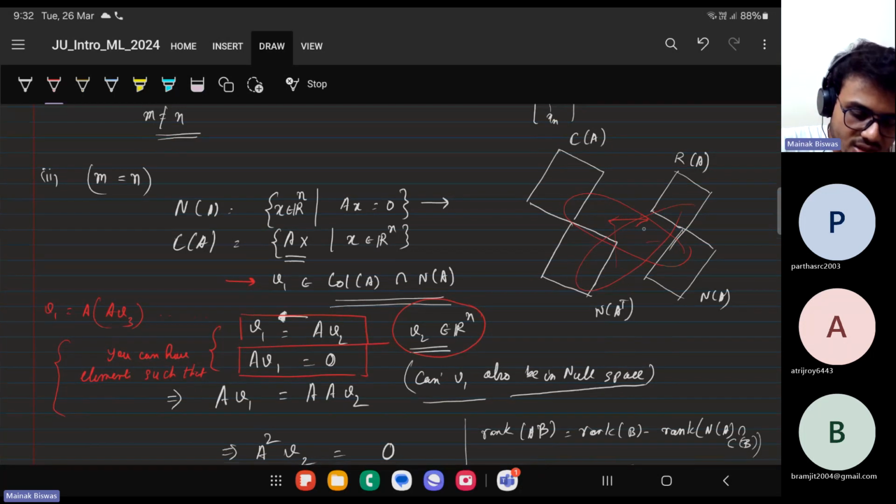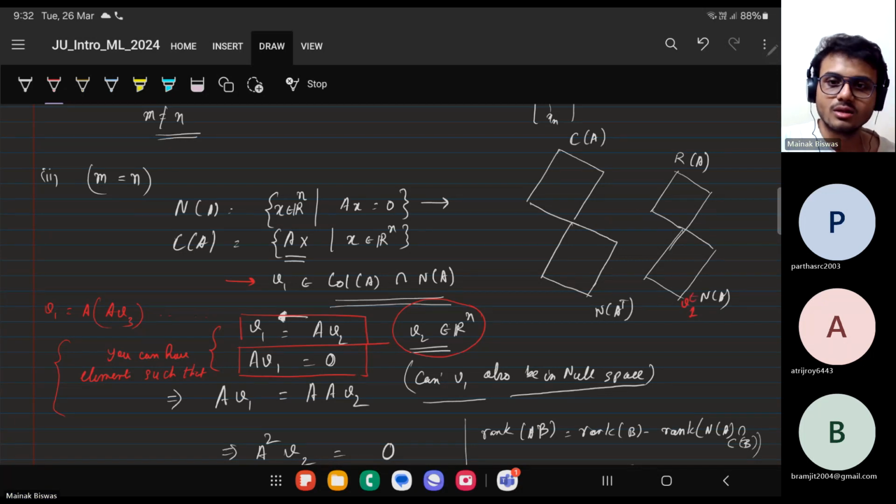Why am I saying this? Because say your V1 is in the null space. This is what I wrote. I could have any element in any of these spaces, row space or column space and so on. But when I multiply, say this V2 in some row space, by A, I will get V1.